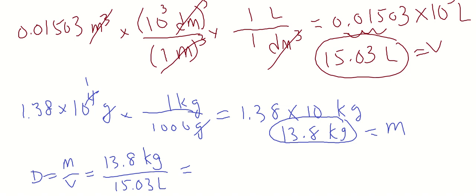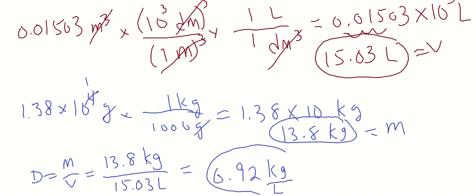All right, final answer is 0.92, because there's a 1 and then the next digit after is an 8. That's going to round your last digit up to a 2. So 0.92 kilograms per liter.